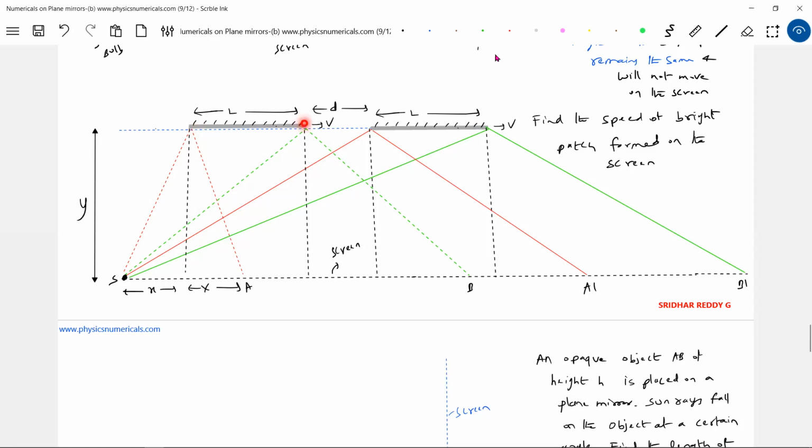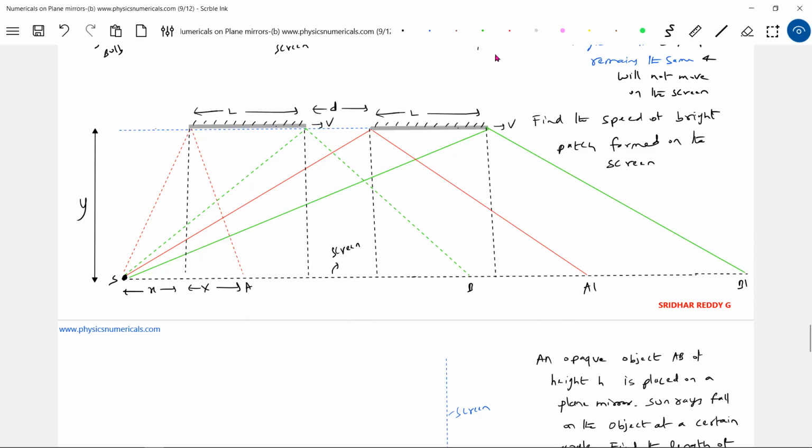This end will move D plus L. Then how much will this A move? Earlier, for this portion of the mirror, the point A was here on the screen. Now, corresponding to this particular point of the mirror, A dash will be here. So the displacement from A to A dash gives the displacement of the patch. This is what we have to find out.